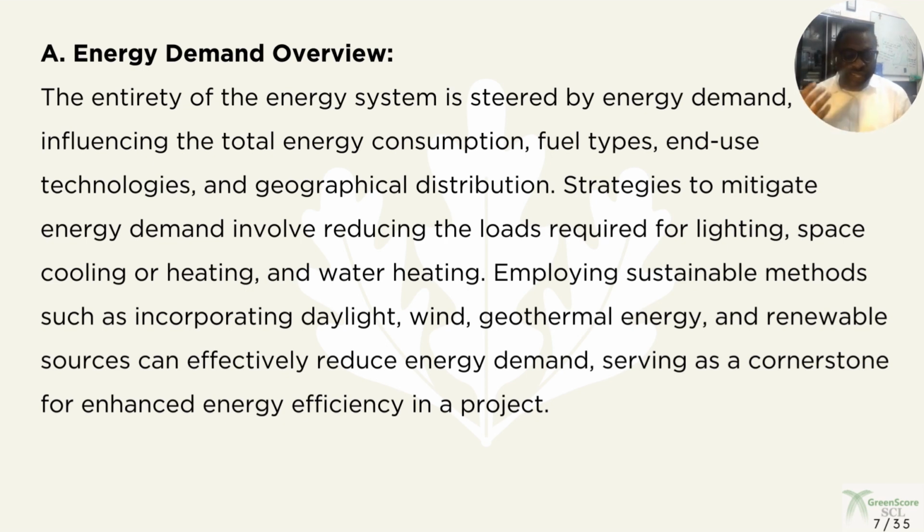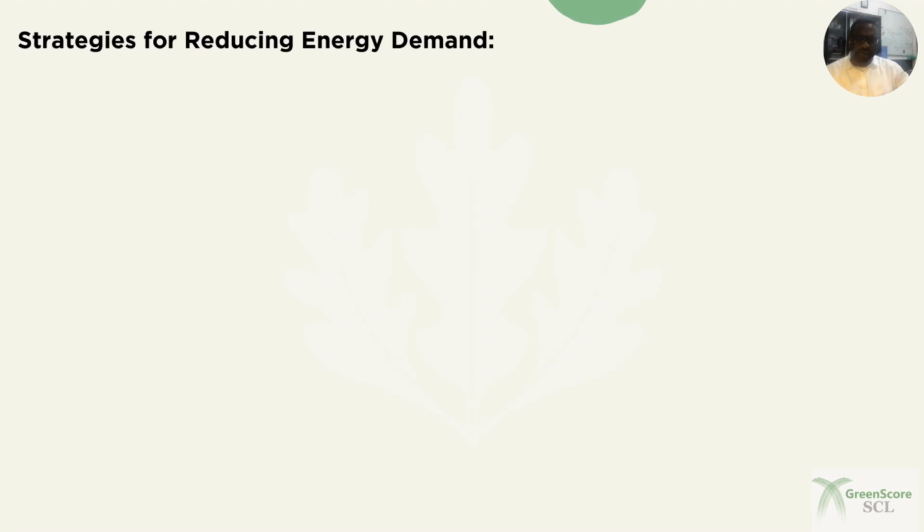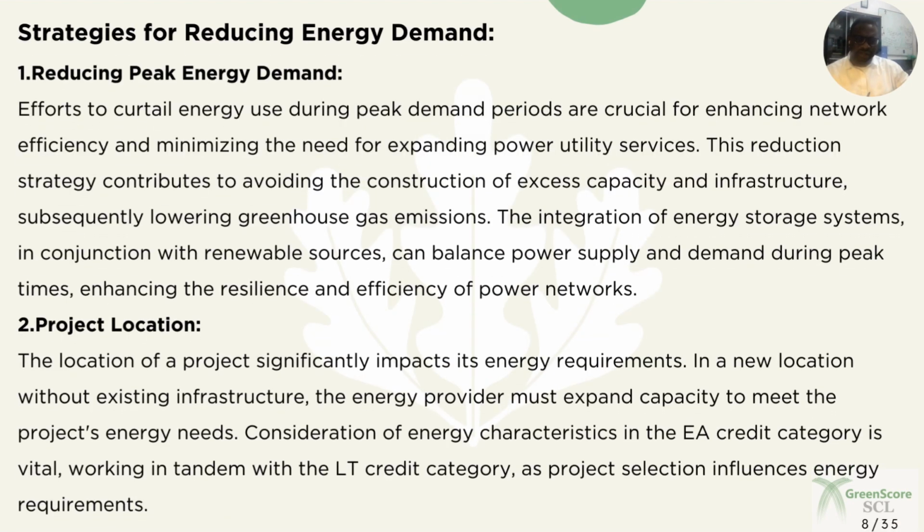So when we engage sustainable methods such as improving daylight, maximizing wind or geothermal alternatives, and of course renewable sources like solar, we are able to effectively reduce energy demand, which serves as a good platform for promoting energy efficiency in our projects. Now, what are these strategies?